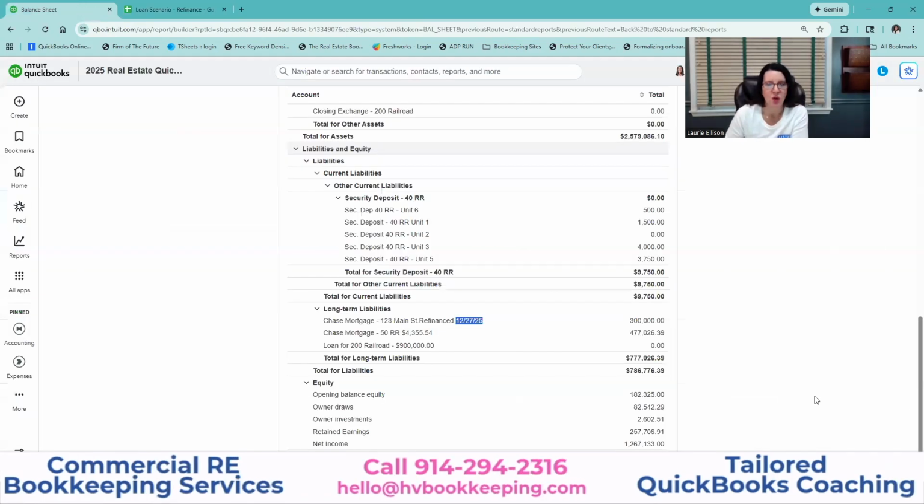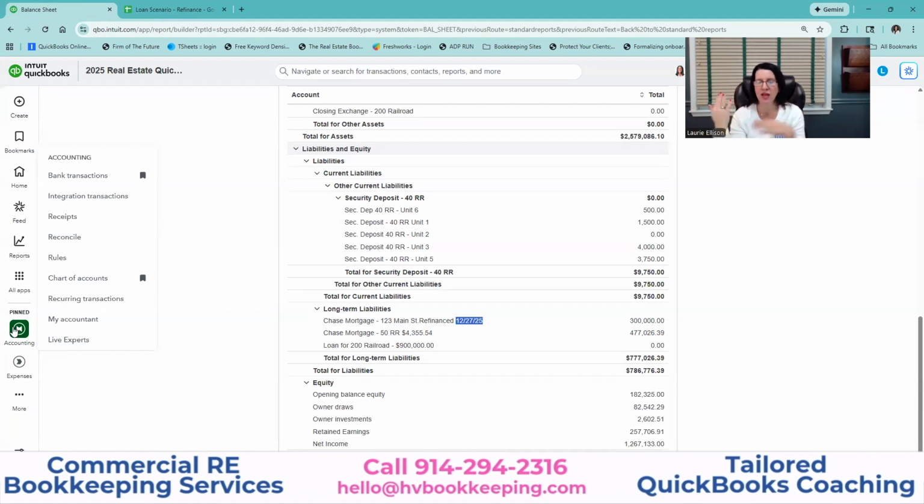Okay, so now we have to write this loan off, right? So here's one of the easiest ways to do that. You can work out what do I need to have happen and use that closing exchange as part of the piece.